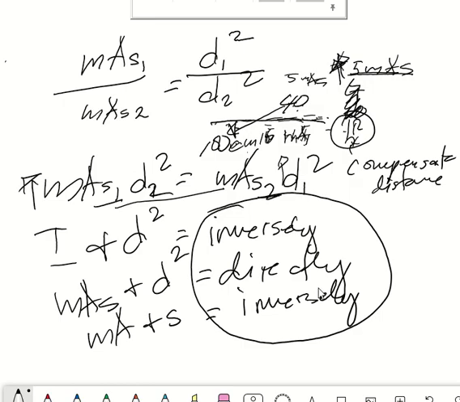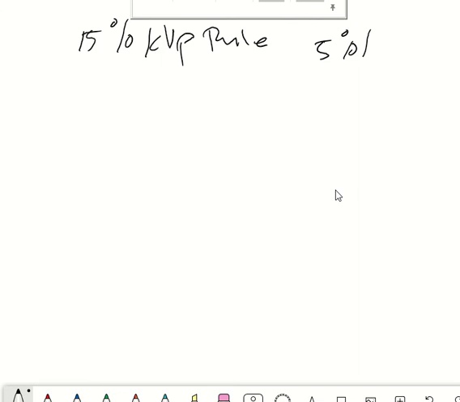So, sa kVp meron tayong 15% rule and 5% rule. So, erase ko muna to. So, we have 15% kVp rule and we also have 5% kVp rule.